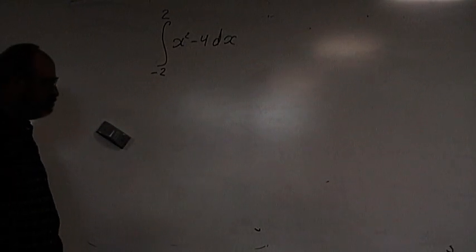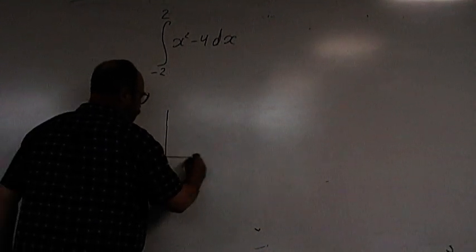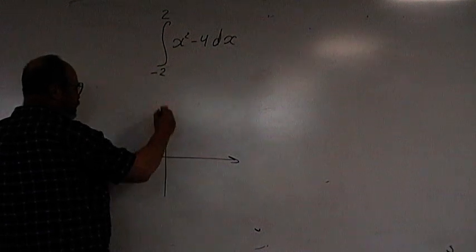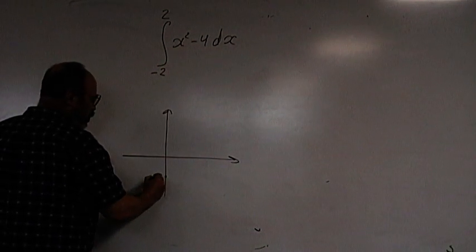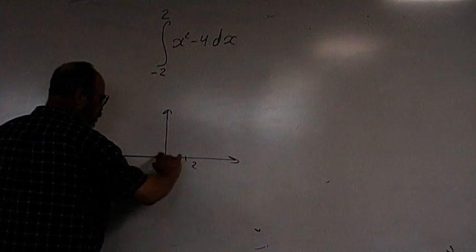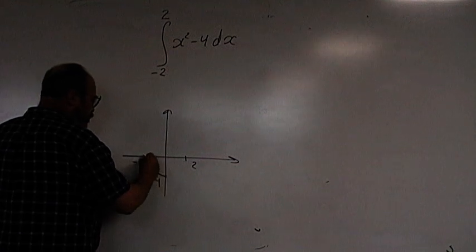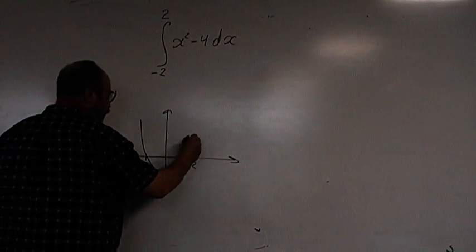No. So when we find the area, we sketch the graph of x squared minus 4. This is negative 4, and 2, negative 2, and this is the parabola.